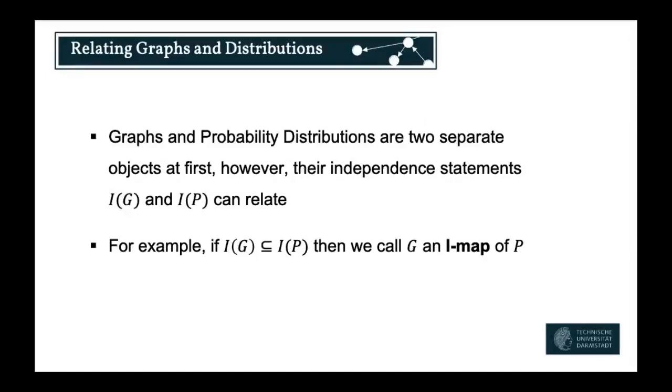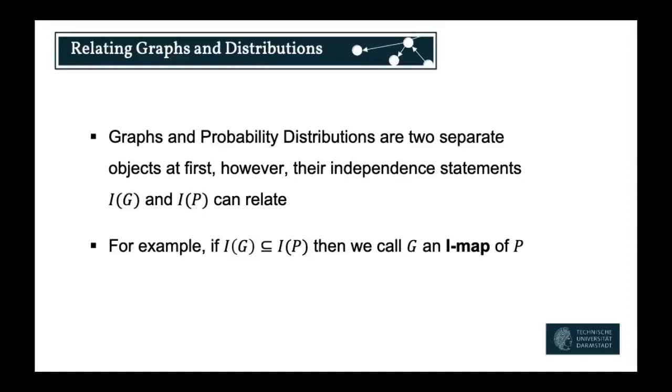Now we want to do what we have done implicitly a bit all the time now, which is, you know, relating the actual graphs and the distributions, right? So they are two separate objects at first. However, the independence statements we can relate, right? So we see also the similar notation, right? So the d-separation statements I(G), and now the independencies, the actual conditional independencies of a probability distribution P, can relate, right?